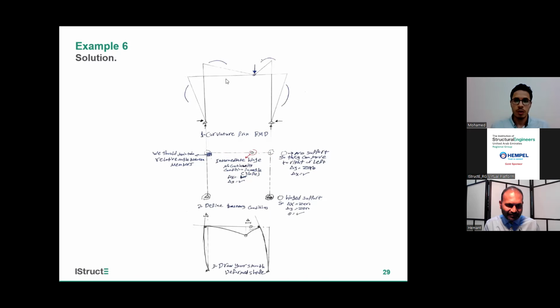So if we try to draw, here I have my hinge. We have to think about which way this point will go, to the left or to the right. If it goes to the right, let's go like this.